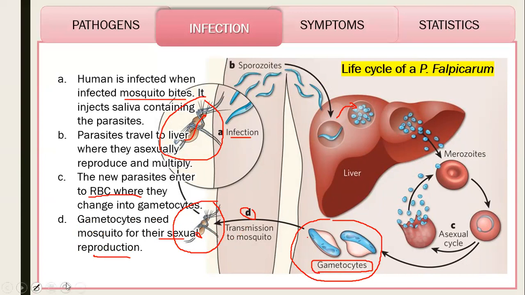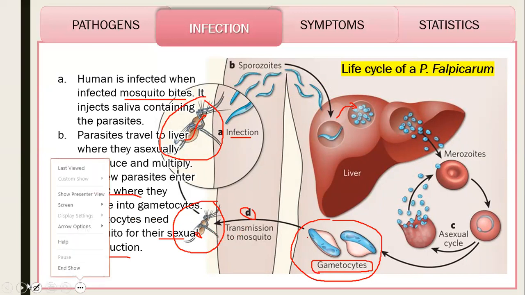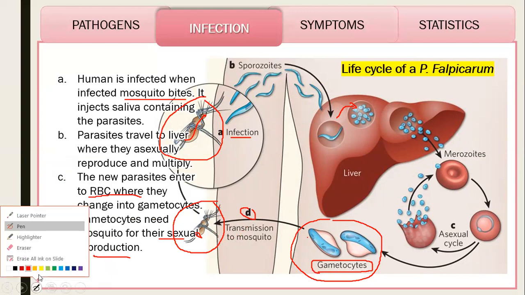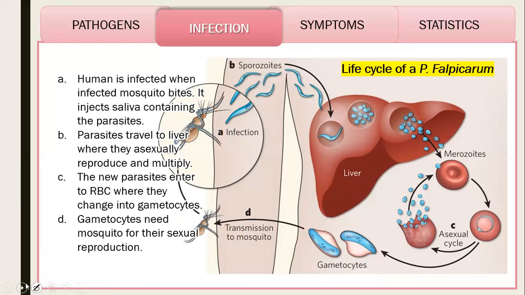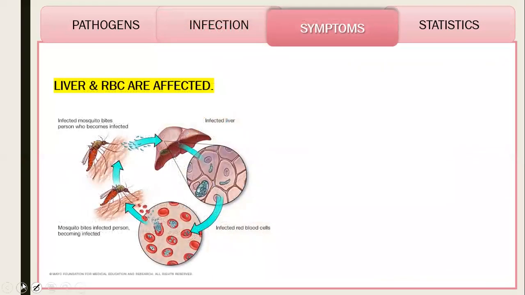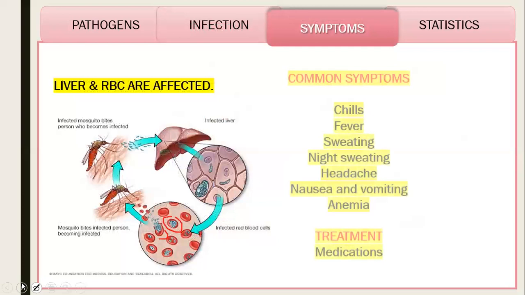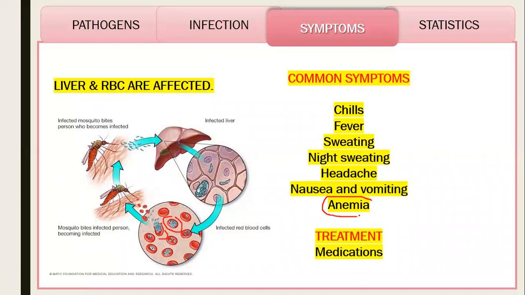So once they infect people, what are the symptoms? Let us learn with the next slide. Symptoms are generally related to the red blood cells, especially as you learned that the parasites use our red blood cells and destroy them, as you see in this picture. The main symptom is anemia, but of course anemia doesn't start directly.